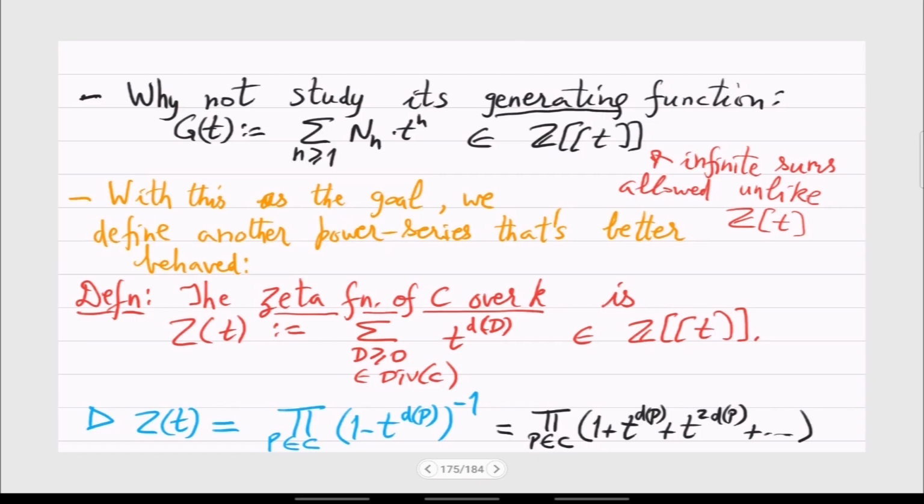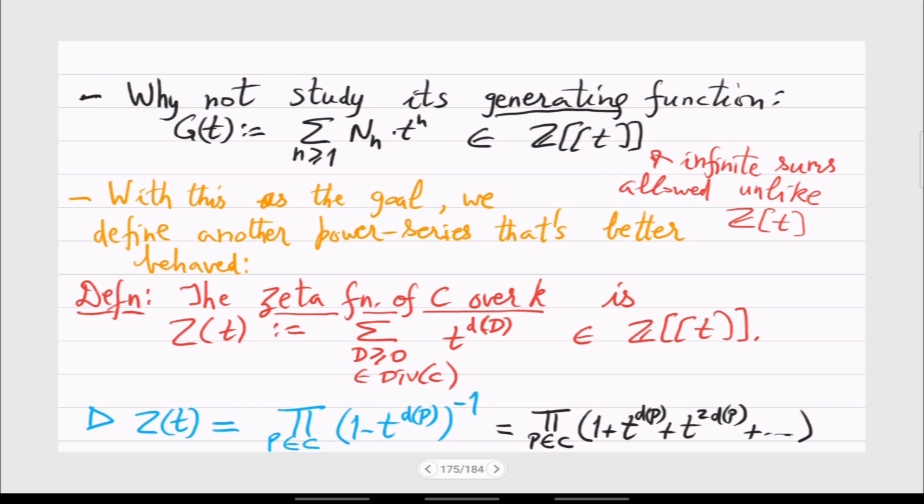So we put it in the exponent. We change Riemann's original motivation slightly here, but the spirit remains the same. So we put t raised to the divisor, so that when you add divisors, this summand multiplies. This is the correct analog of numbers.